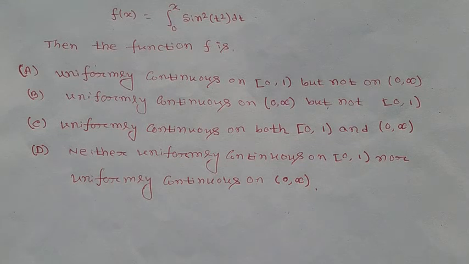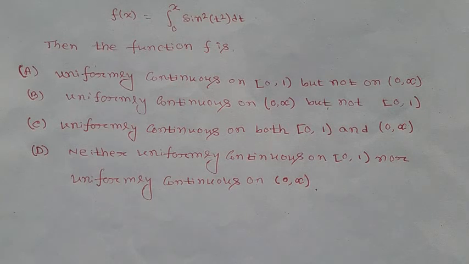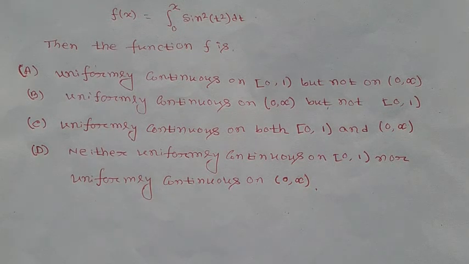The first problem: let f be a function on the closed interval 0 to infinity to R defined as f of x equal to the integration from 0 to x of sin square t square dt. Then the function f is: first, uniformly continuous on the semi-closed interval [0,1) but not on the open interval (0,1); second, uniformly continuous on the open interval (0,1) but not on the semi-closed interval [0,1).